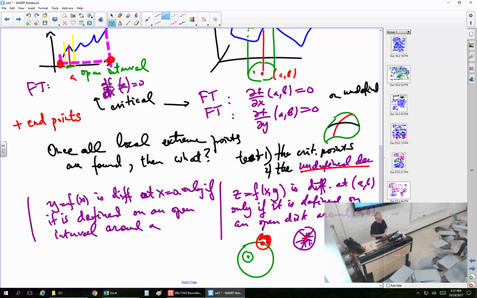So what I put here, undefined derivatives, but really, technically, critical points include undefined derivatives. At least in calculus 1, it's probably a fine idea just to take the points where the derivative is either 0 or undefined. So the boundary.